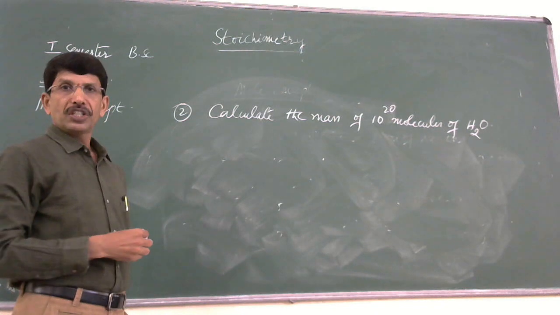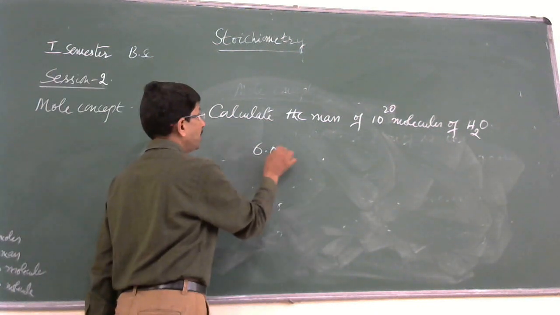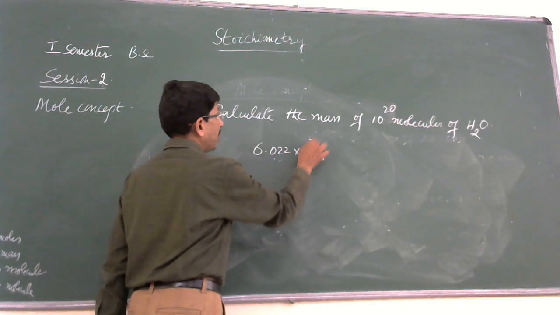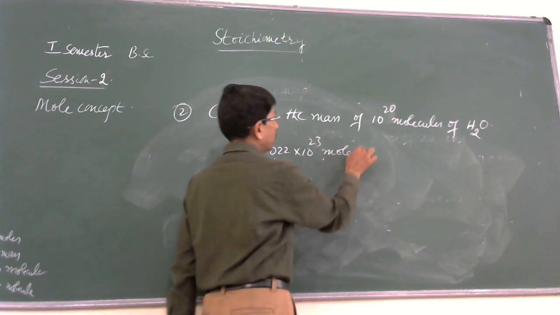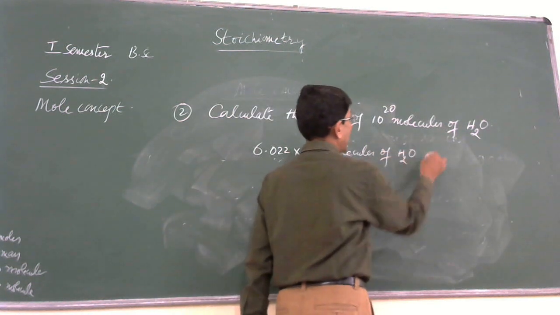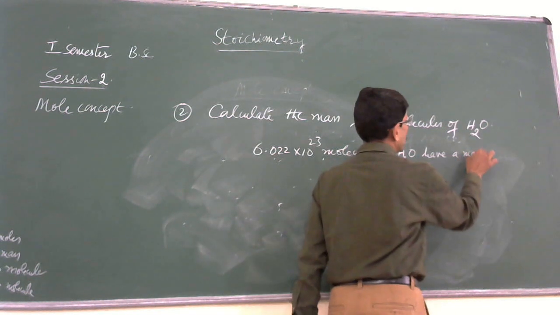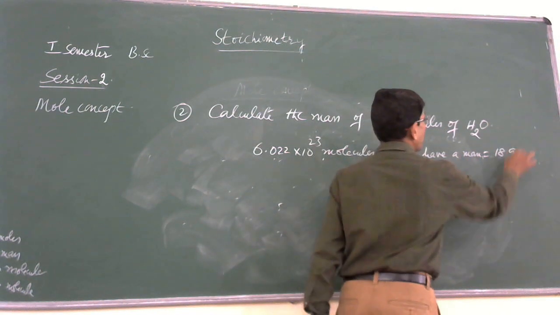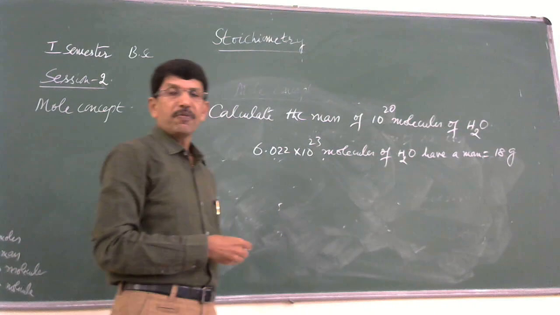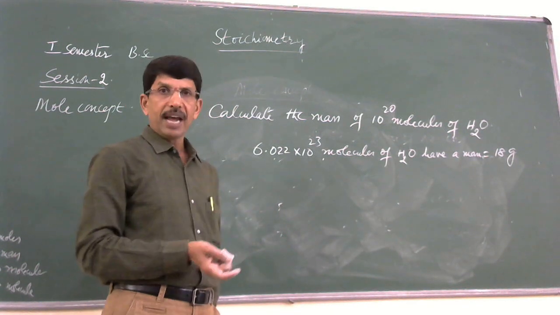So what is the solution? How do we proceed? We know 6.022 into 10 to the power 23 molecules of water have a mass equal to 18 grams. We know that because the molecular mass of water is 18, so the molar mass of water is 18 grams.